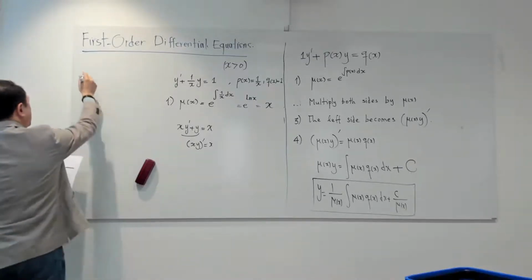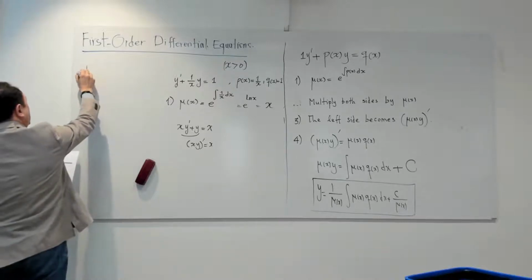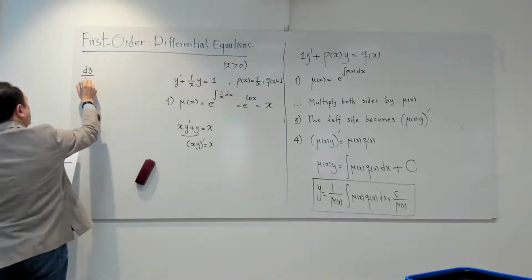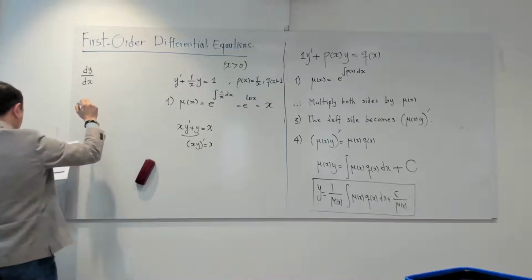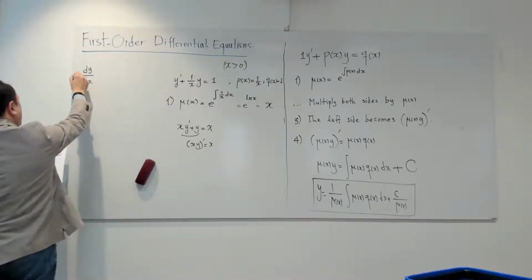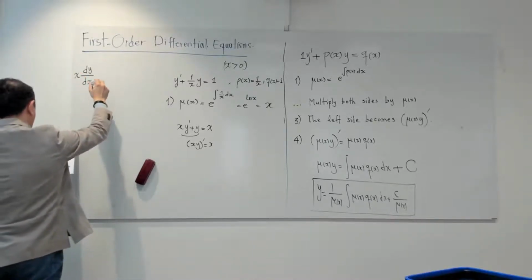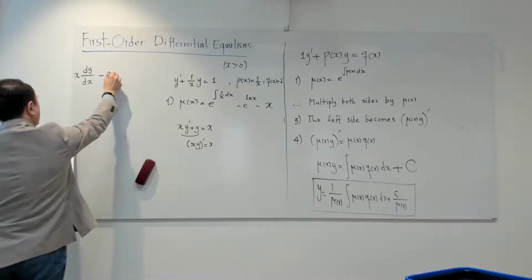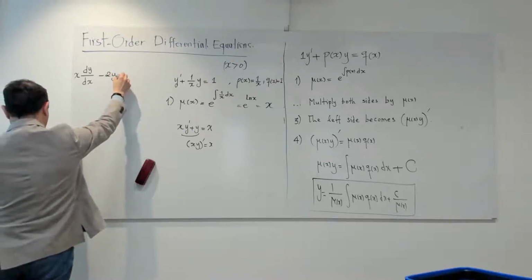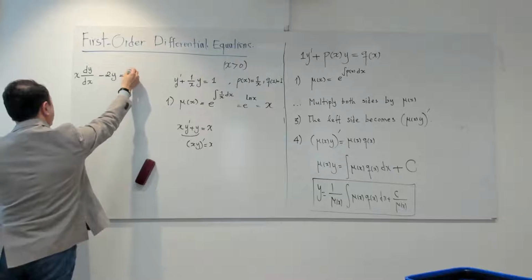I think you can solve this one. So let me write it in Leibniz notation this time to get used to this way of thinking. So this one, let me write x dy/dx here, and then minus 2y this time is equal to x to the power of 3.